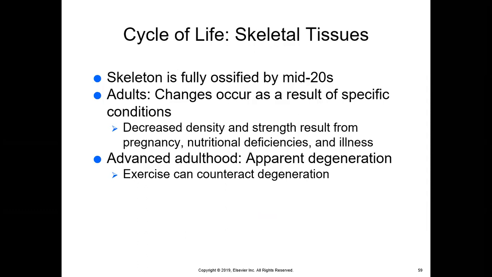Then in advanced adulthood you can start seeing degeneration, and exercise can counteract some of that degeneration. In older adults, the hard bone matrix is replaced by softer connective tissue, which results in a loss of strength and increases susceptibility to injury. So even light exercise can help increase bone density and bone strength in older adults.